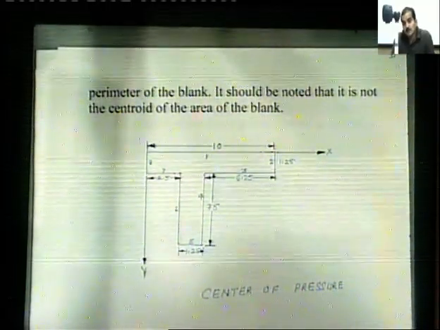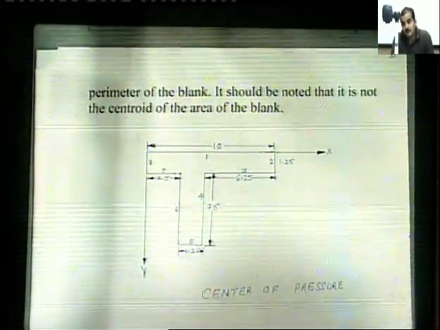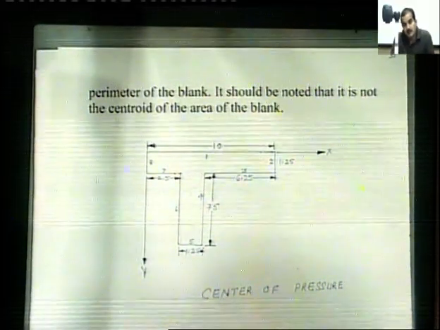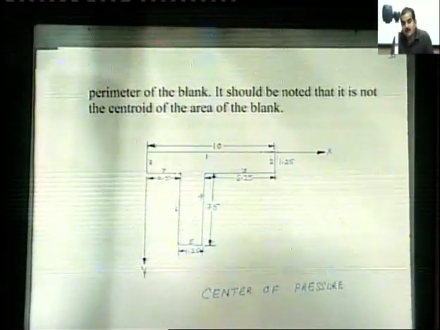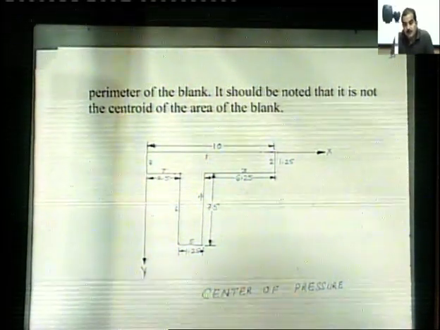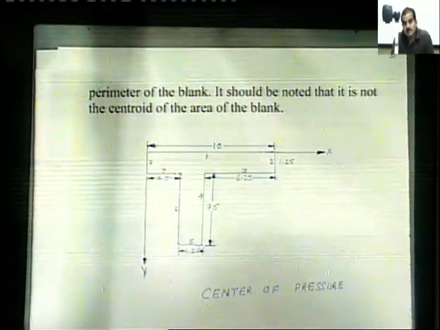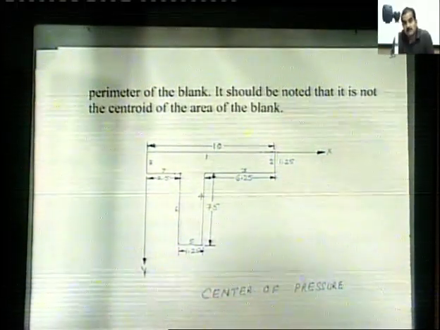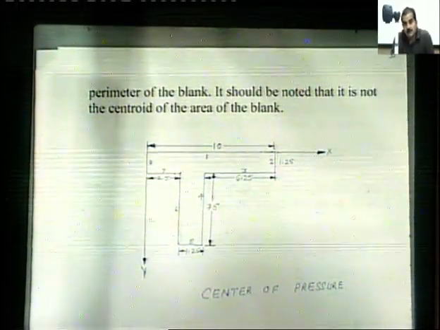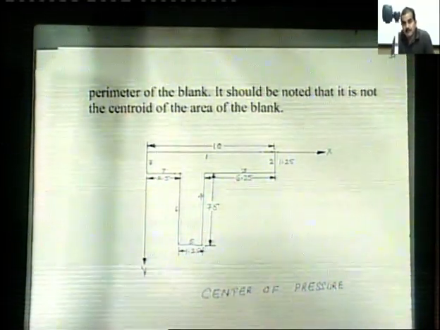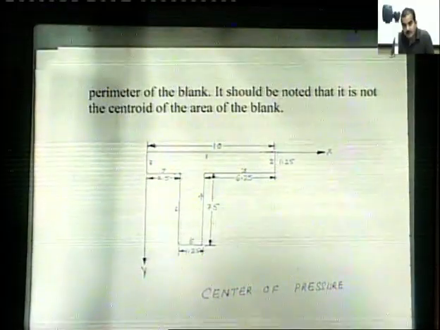Then due to this, bending moment will get introduced, and due to that deflection will be there and cutting will not be proper. So, what we do, we have to find out the center of pressure of the workpiece, and the center line of the press ram is made to pass through the center of pressure of this workpiece.